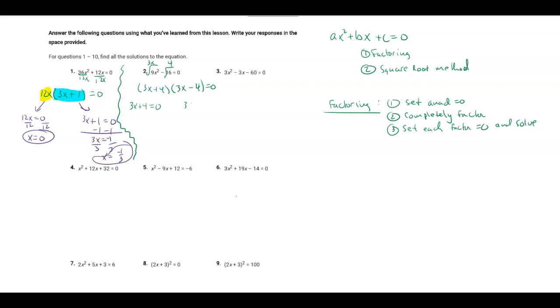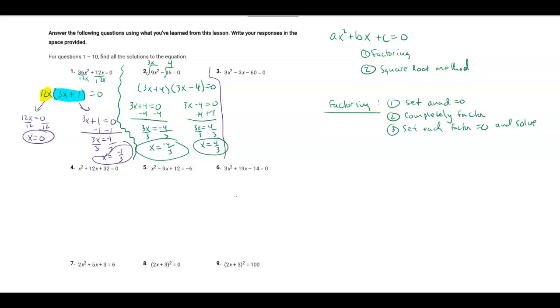We're going to take 3x minus 4, set it equal to 0, and we solve each equation. 3x equals negative 4, divide by 3, x equals negative 4/3. Then over here, add 4, 3x equals 4, divide by 3, and x equals 4/3.